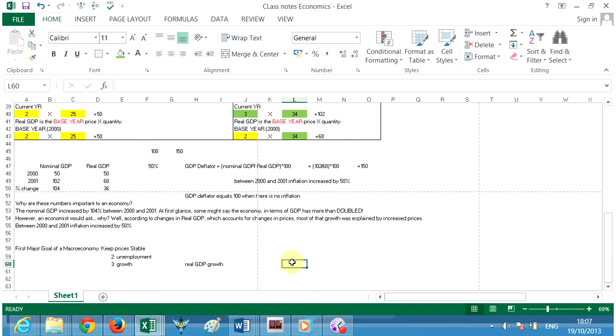Okay, so to calculate how much growth, economists will take the new real GDP, which is typically a percentage, new minus old real GDP, and you guessed it, and divide by old real GDP to calculate.